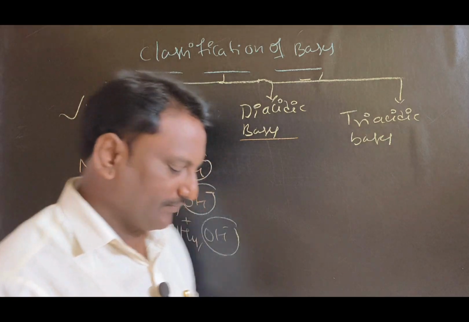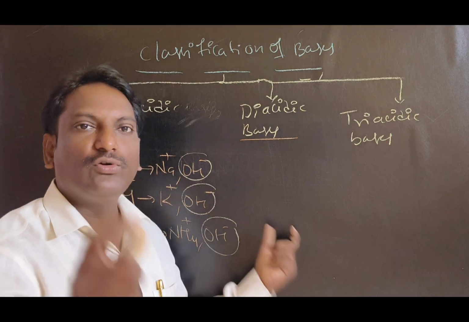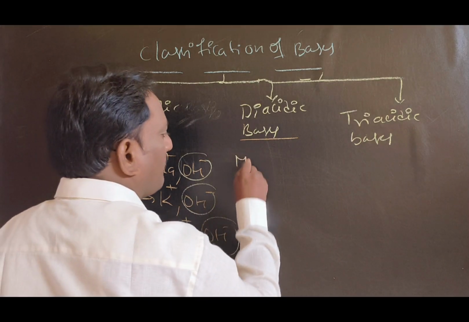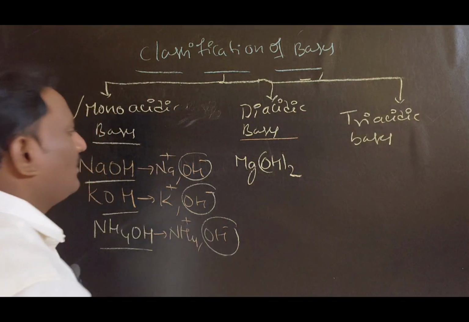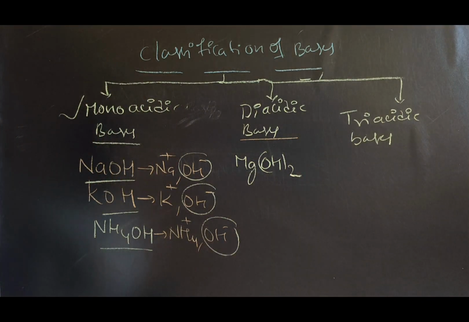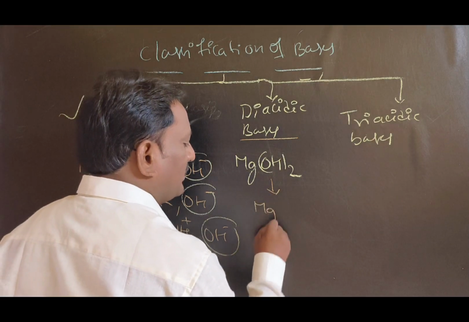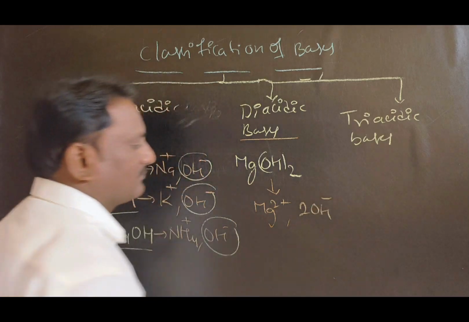Now let us have a talk on diacidic bases. Diacidic bases are ready to produce 2 OH minus ions per molecule. Example, magnesium hydroxide. Magnesium hydroxide dropped in water is ready to produce Mg2 plus along with 2 OH minus ions.